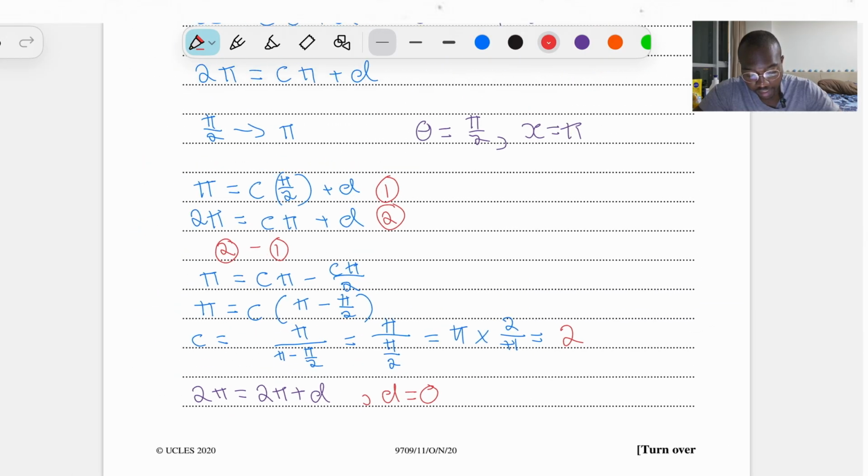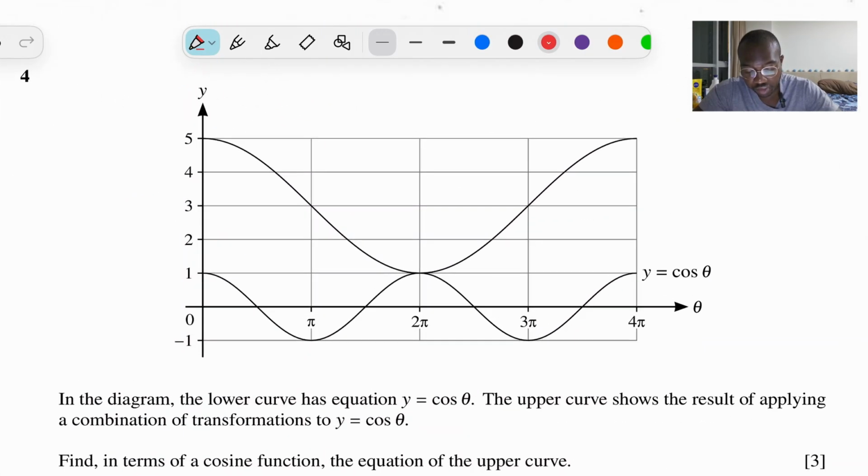Because what they're saying when d is 0 is that we actually haven't shifted in the left or right direction at all. Because we have just c as 2, what that means is effectively everything has been, not halved, but everything's doubled in the same region, okay? So that's actually all that's happened in the x direction. Everything is oscillating twice as much.